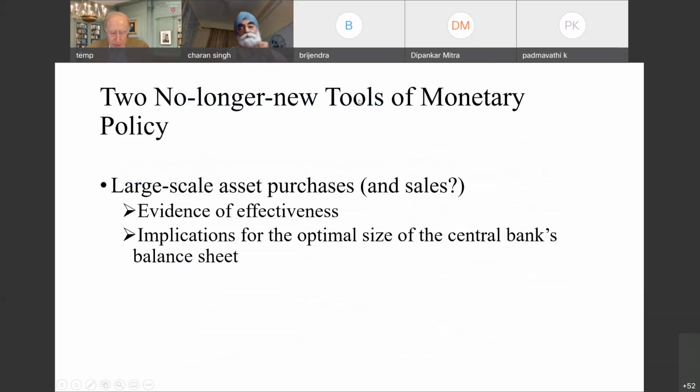And then I believe there are two implications of the success of large-scale asset purchases. One is that the central bank should continue on with the policy, and indeed they have. So here in the United States, for example, the Federal Reserve is still buying assets, long-term securities, as a way of trying to keep long-term interest rates low.